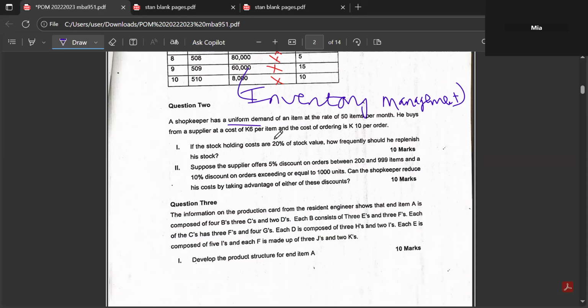He buys from a supplier at a cost of 6 kwacha and ordering cost is 10. So if the stock holding costs are 20% of stock value, how frequently should we replenish his stock? So they want us to find our economic order quantity, our EOQ.